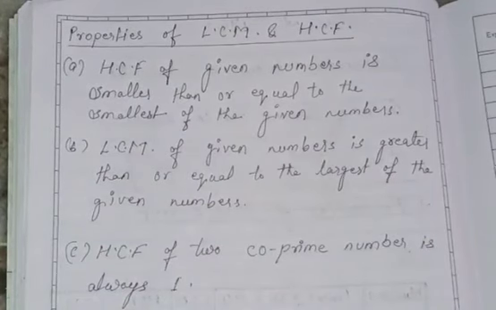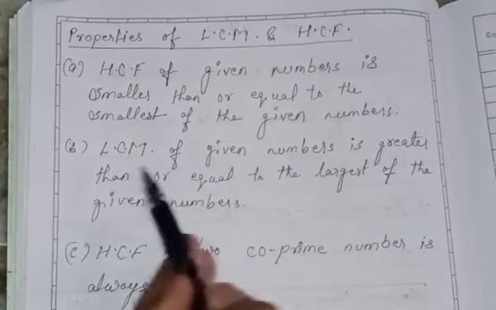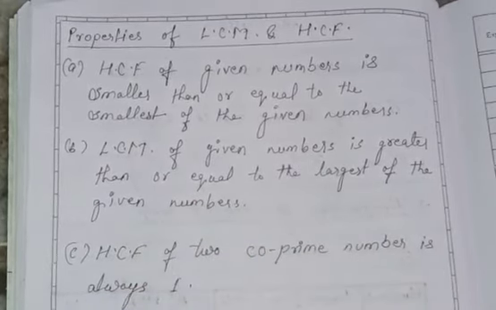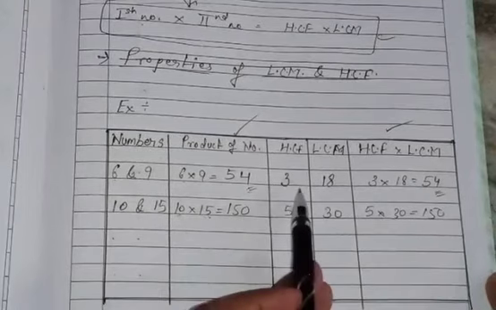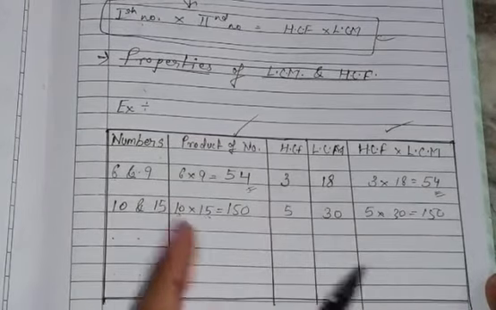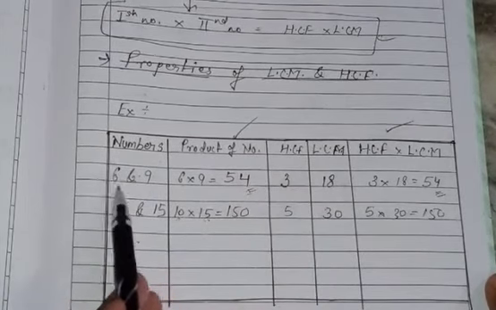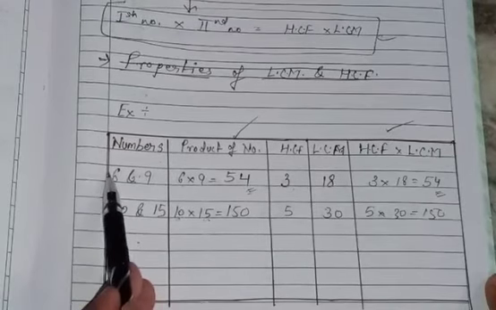Now the second property is that the LCM of given numbers is greater than or equal to the largest of the given numbers. For example, the HCF may be equal or smaller than the smallest of the given numbers, like 6 and 9, the smallest between these numbers is 6.